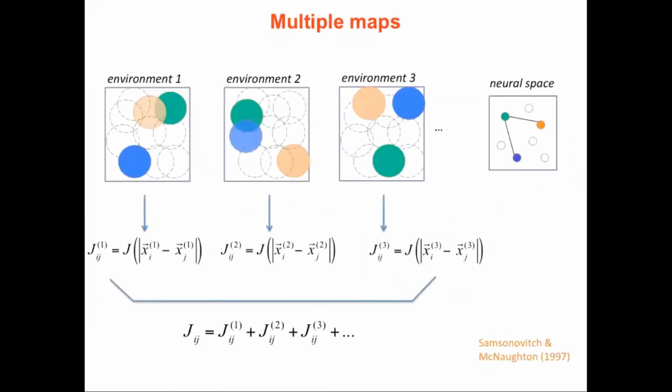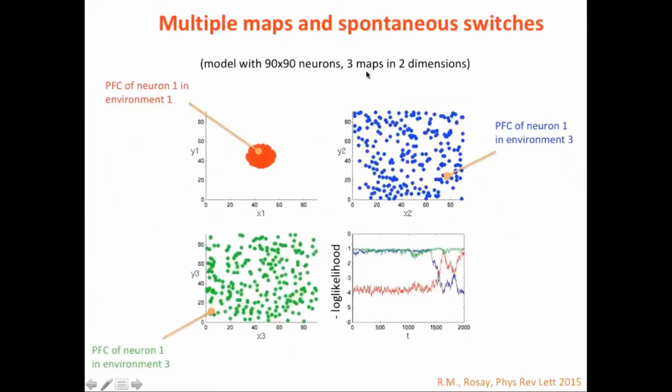This is the model, where I have 90 by 90 neurons on a 2-dimensional grid, so about 8,000 neurons. And I have 3 maps in 2 dimensions, so 3 environments in 2 dimensions. The connectivity matrix is just a superimposition of 3 different connectivity matrices, where each one depends on the position of a place field in that particular environment.